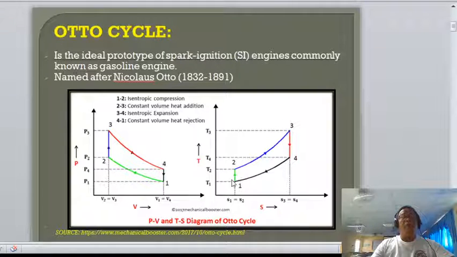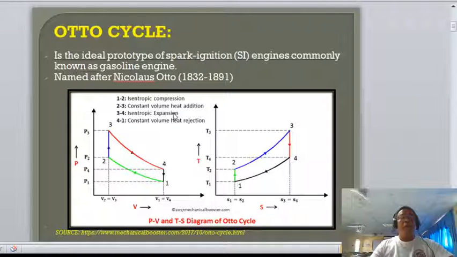We will notice that this diagram is composed of two diagrams. The first is, of course, the pressure volume diagram, and the other is the temperature entropy diagram, or the TS diagram.